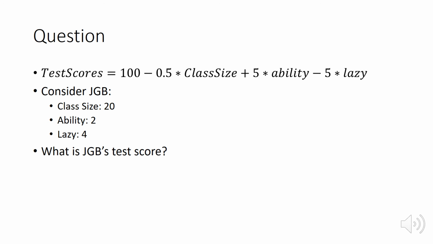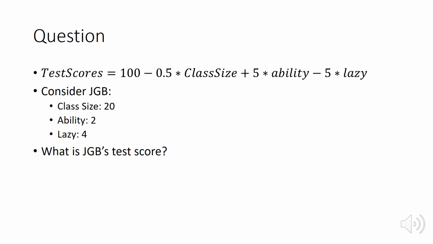All we have to do is plug and chug, so let's solve it together. We start with 100, that's the intercept, that's the baseline test score. And we subtract 0.5 times the class size. So what's the class size? So what's 0.5 times 20? 10. So 100 minus 10, that's 90.